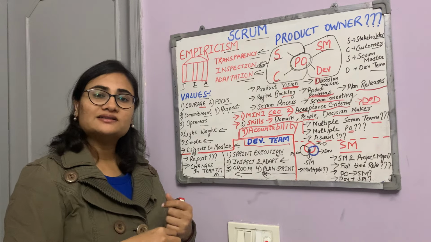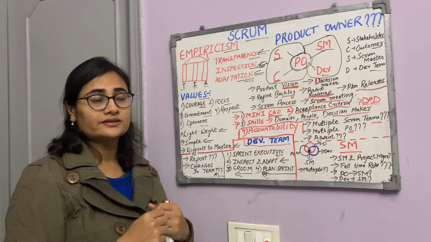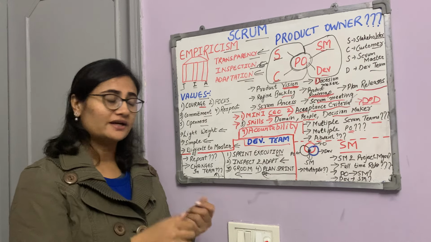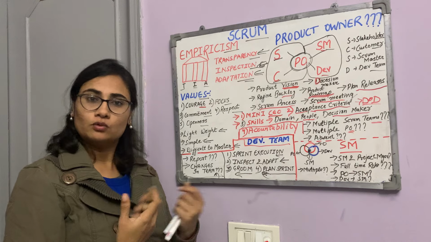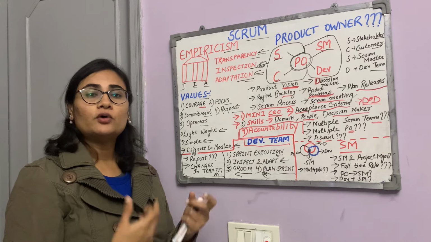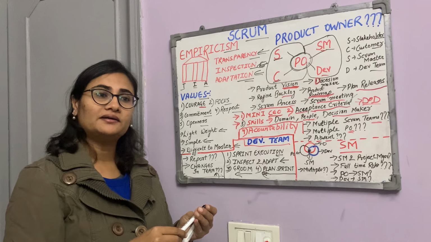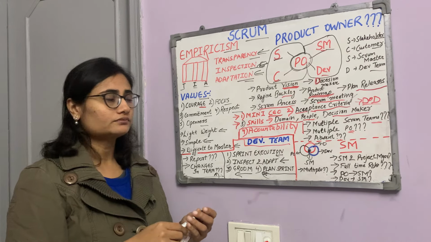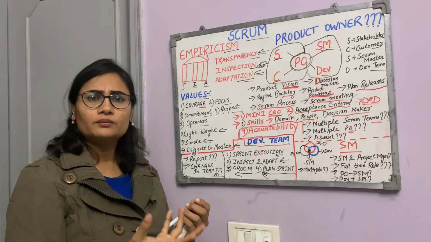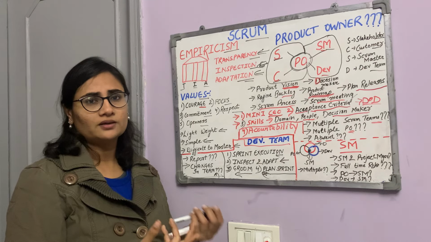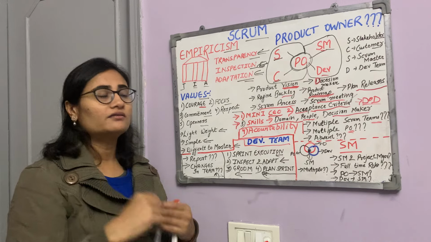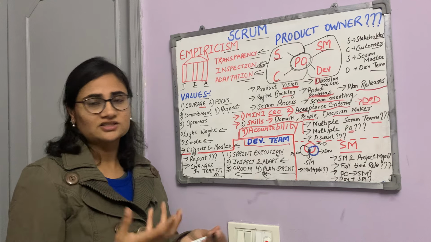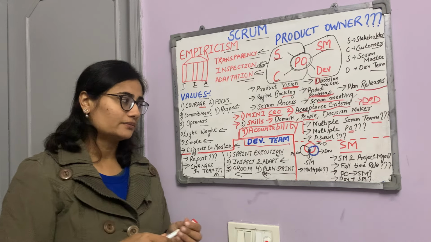If you feel there is a need for specialized skills or more additional resources in order to achieve the goal of the sprint, then you can always add more members. At the same time, if you feel that certain development team members are not required, then you can remove them, or you can retain them for a certain period of time, and when the work comes, they can just pitch into the extra work again.